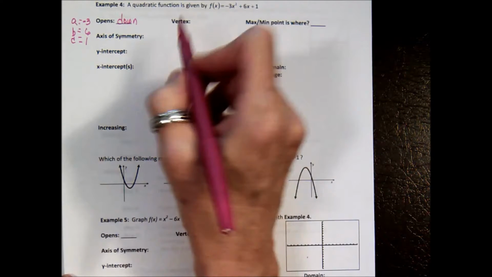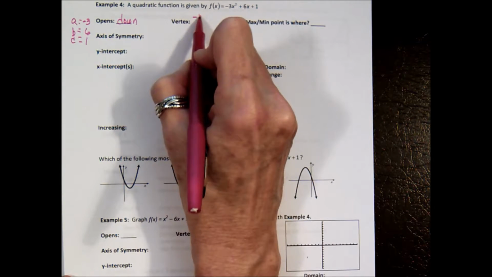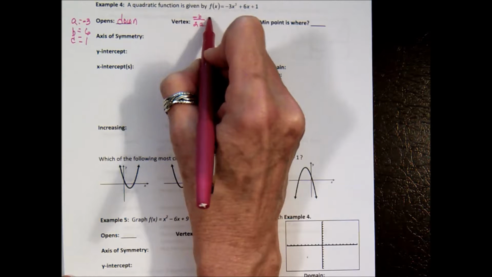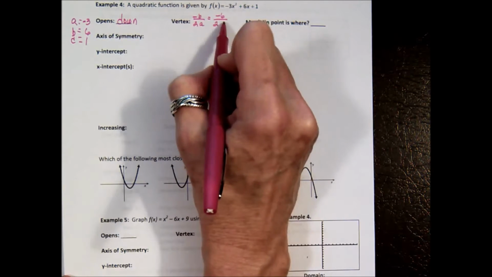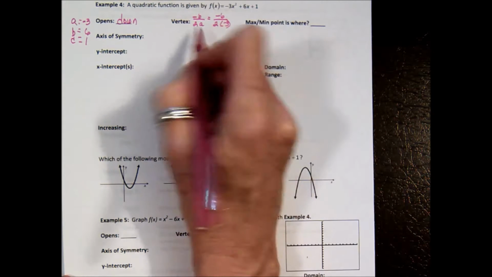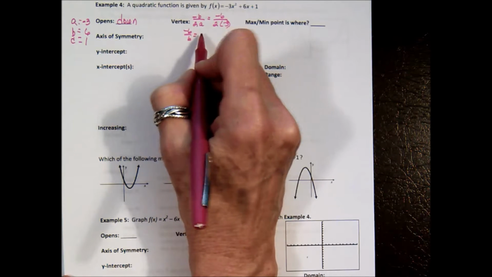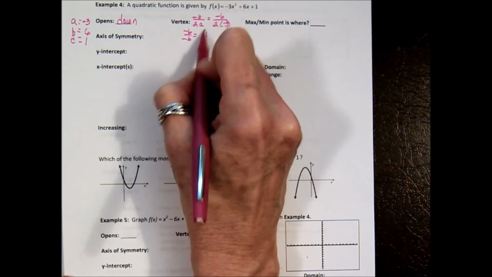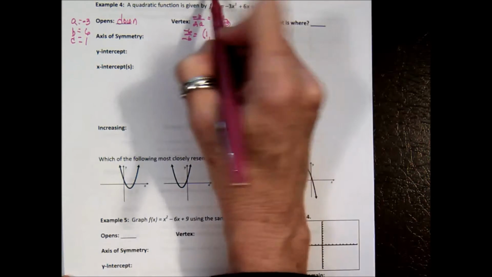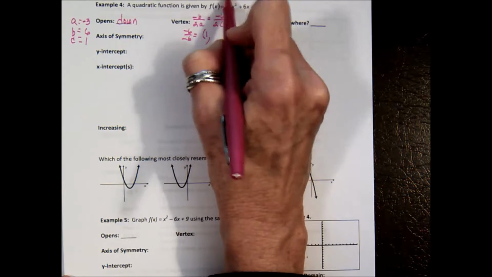The vertex, I'm first going to find negative b over 2a. Negative 6 over 2 times a, which is negative 3, is negative 6 over negative 6, which is a positive 1. Now I need to find the other piece, which is f of 1.